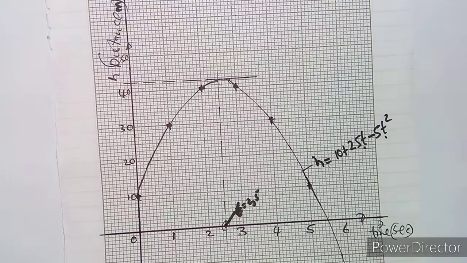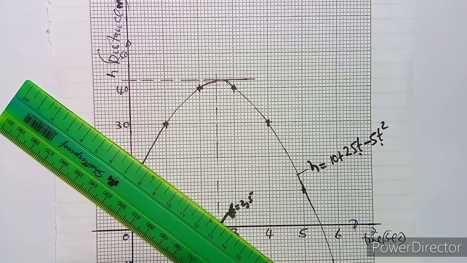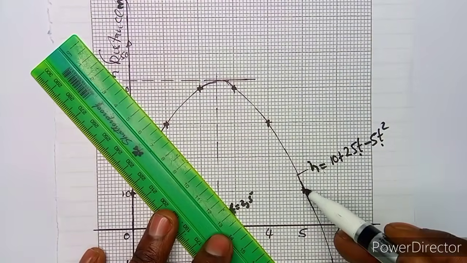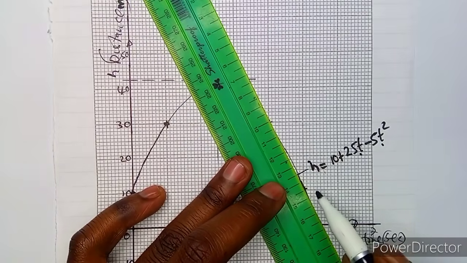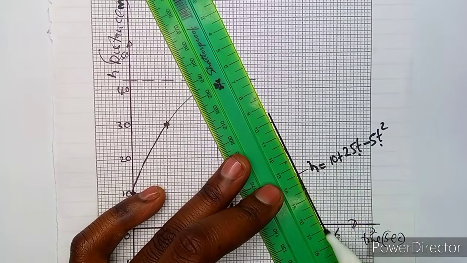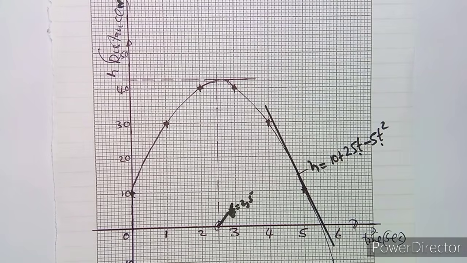Just the way you do when you are calculating gradient, that answer is going to be your velocity. Okay, so in this case, at t is equal to 5, remember you have to draw a tangent at t is equal to 5. So you use t is equal to 5, which is here on this curve. So you just draw a suitable tangent. As you can see, our tangent can be somewhere like this. Maybe you've drawn your tangent, so it is not going to be exact.